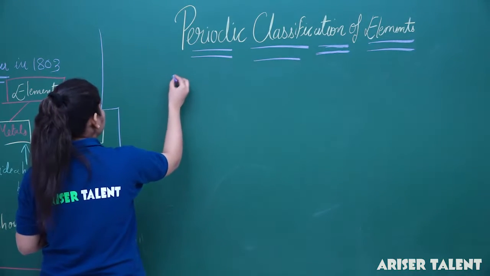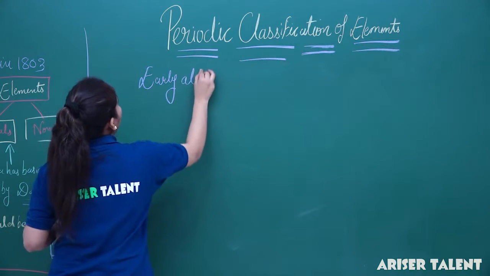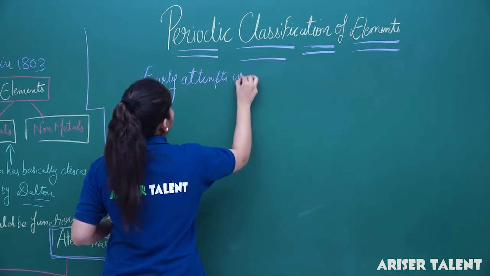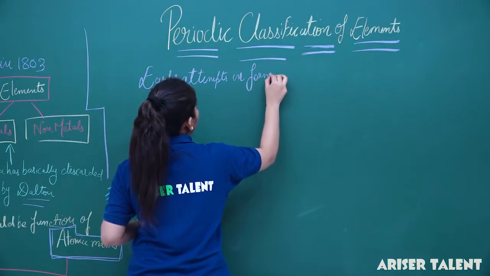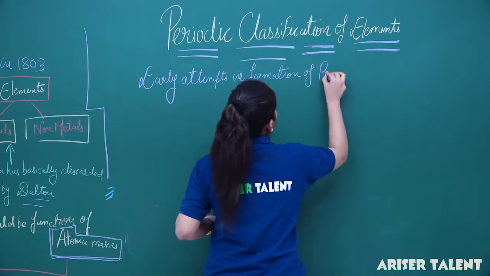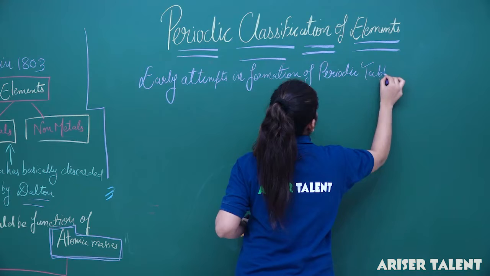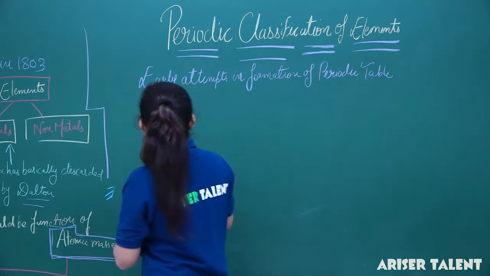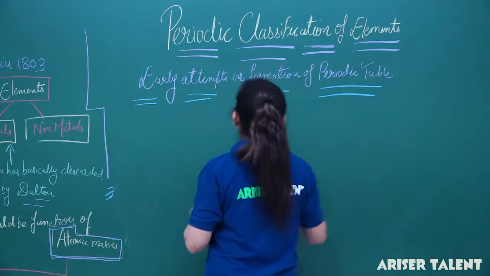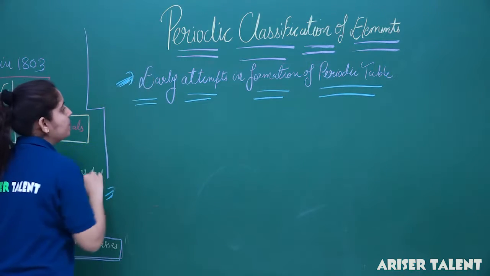So we have early attempts in the formation of the periodic table. What are the basic early efforts that led to the formation of the periodic table? We have categorized them in terms of 4 classifications.